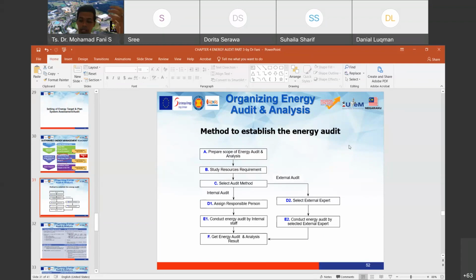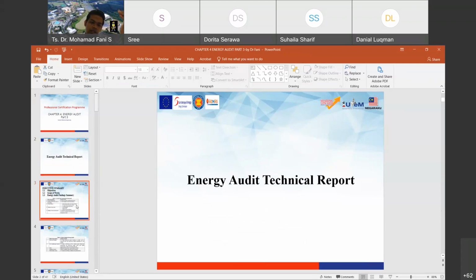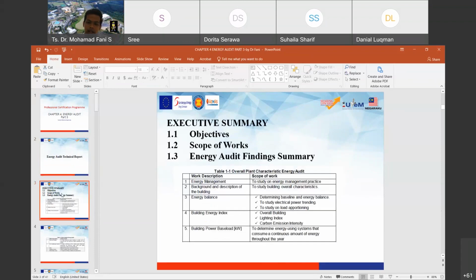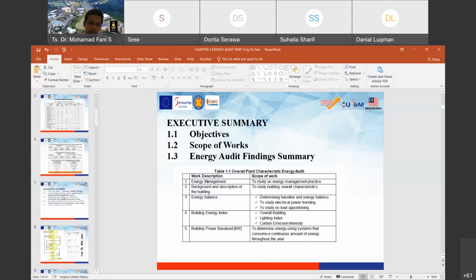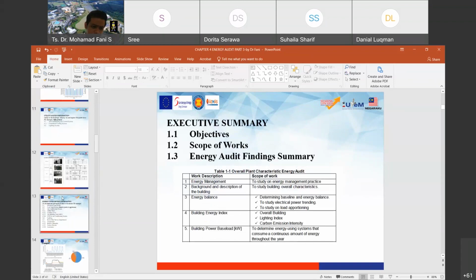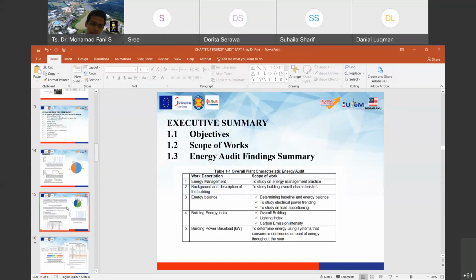So why do we call it an energy manager, not an energy auditor? The last report is written by the energy auditor.